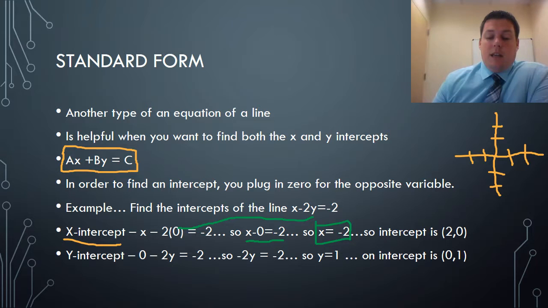So x equals negative 2. And since it's an intercept, the value will be 0 for the opposite variable. So if x equals negative 2, then y is 0. So our point is going to be right here.